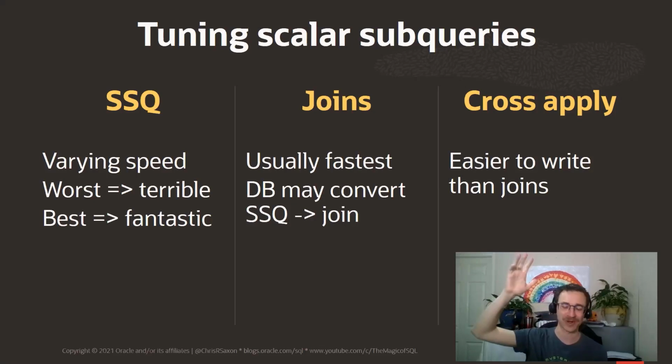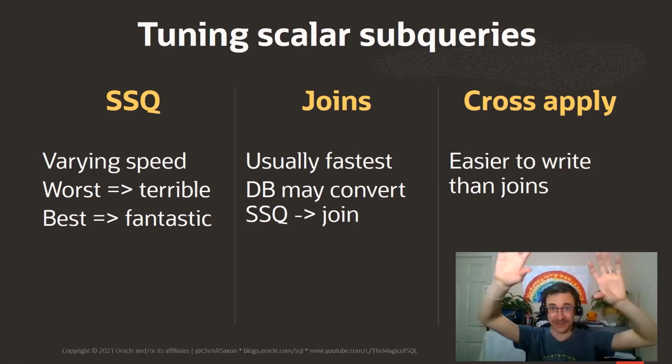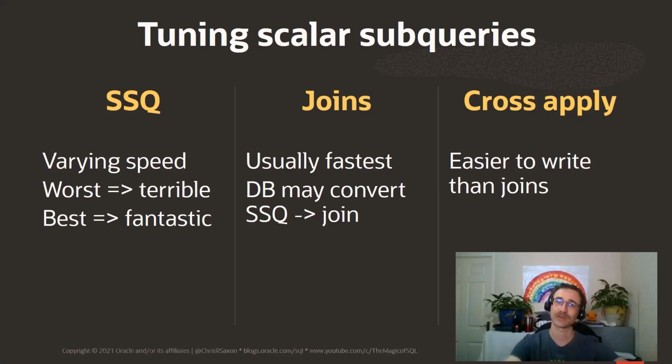I had a massive query, lots of things to refactor to joins, and it was far easier to take those scalar subqueries, turn them into cross-applies, and get the results. I didn't really need to restructure the query in any meaningful way other than doing that. So it is much easier to do in this scenario.